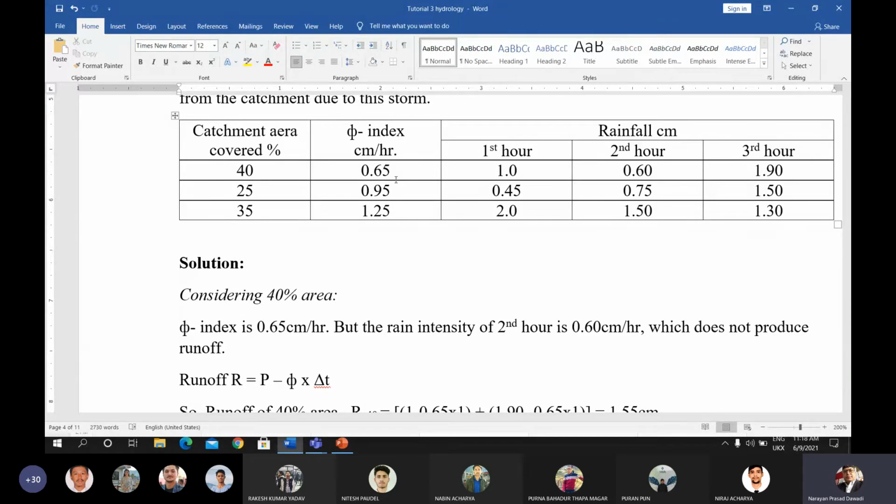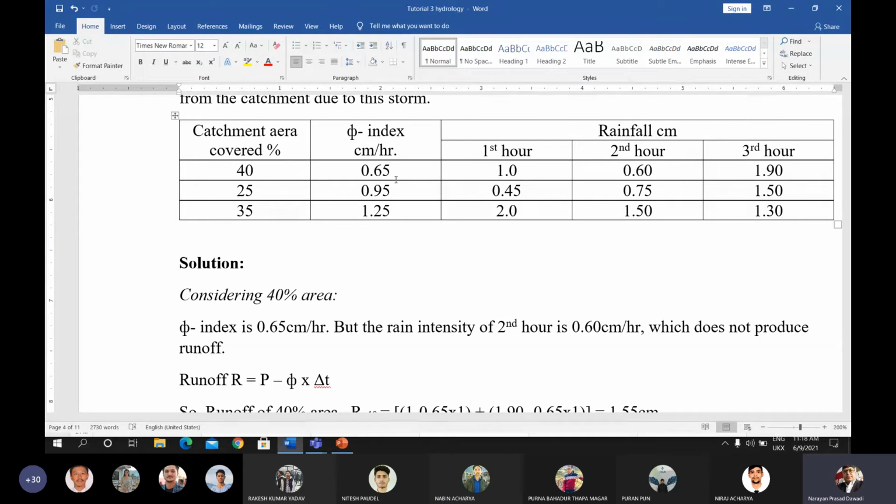The intensity of rainfall for the first hour is 1 centimeter per hour, so the rainfall depth is greater than the infiltration depth. 0.65 centimeter per hour means in 1 hour the depth of absorption is 0.65 centimeter. So for the first hour of the 40% area, this 1 centimeter will produce runoff, because it is greater than 0.65.